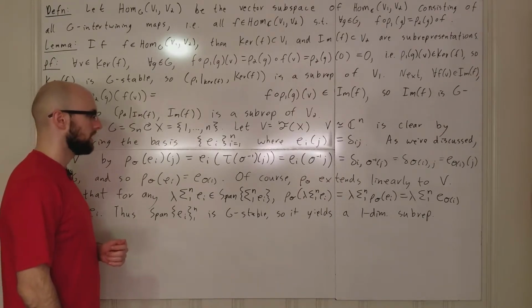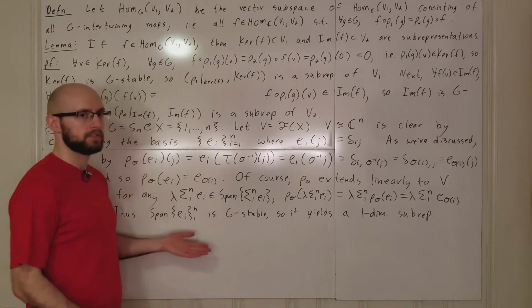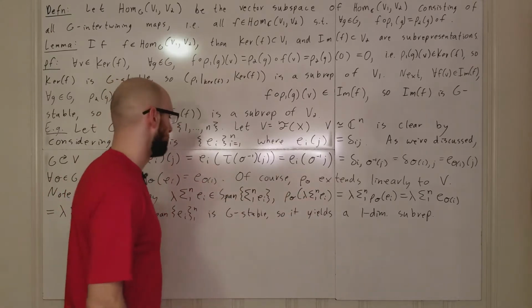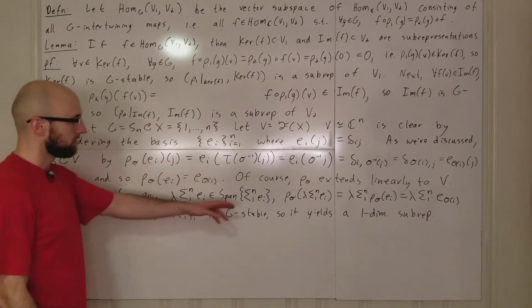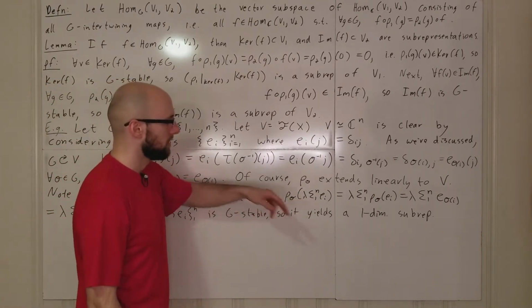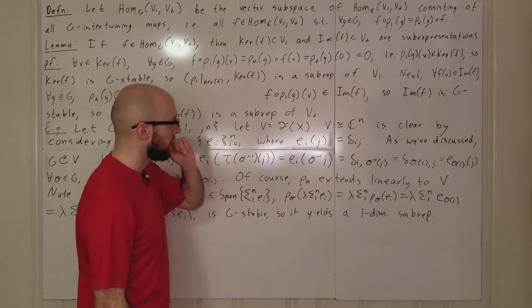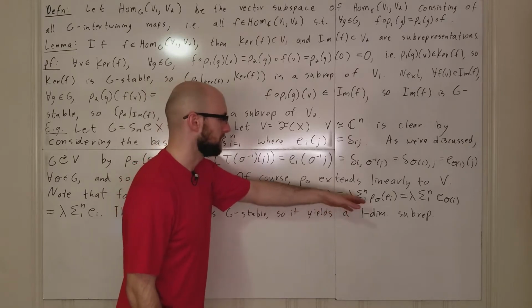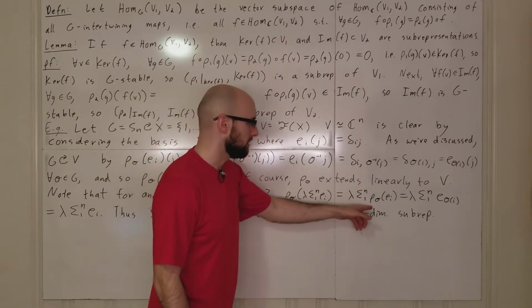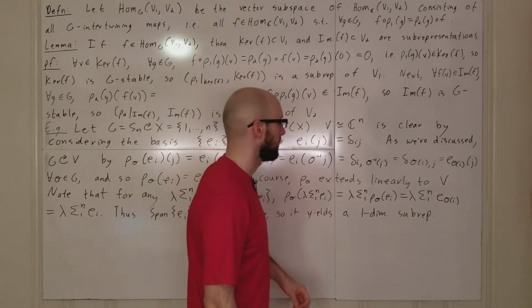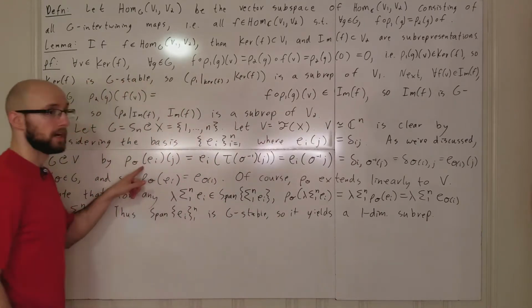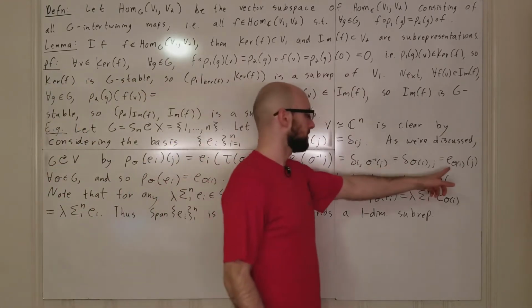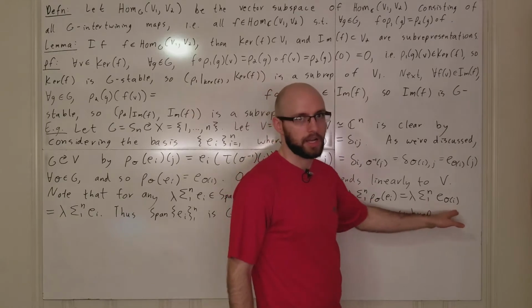And let's see what happens when we evaluate rho sigma at this vector. Okay, so rho sigma of this vector, you use linearity of rho sigma, and you can just pull that lambda and that sum outside, and you get these rho sigma e_i's on the inside. But we know what rho sigma e_i is. It's e sigma i. So we just plug in e sigma i's here.